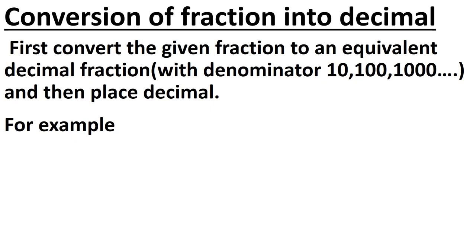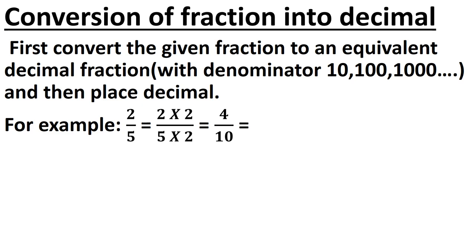See the examples now. 2 upon 5. Now we have to write 2 upon 5 with denominator either 10, 100 or 1000. So 5 multiplied by 2 is 10. So we will multiply the numerator also by 2. It is 4 upon 10. Now 4 upon 10, you know very well how to write in decimal. It is 0.4.